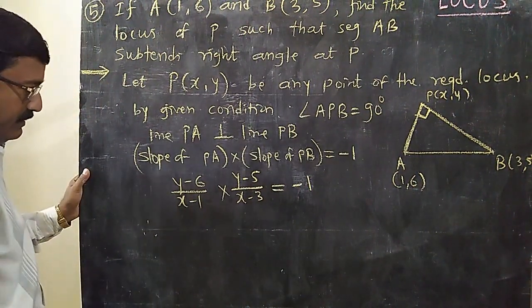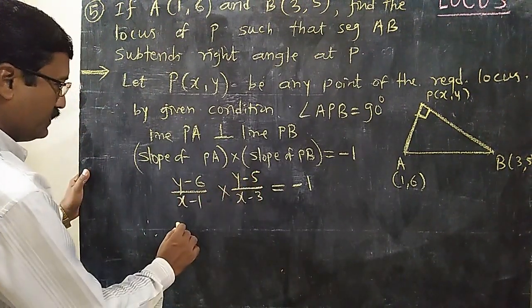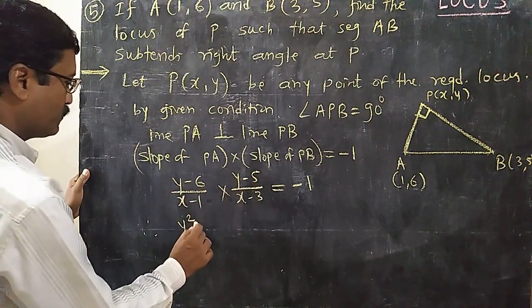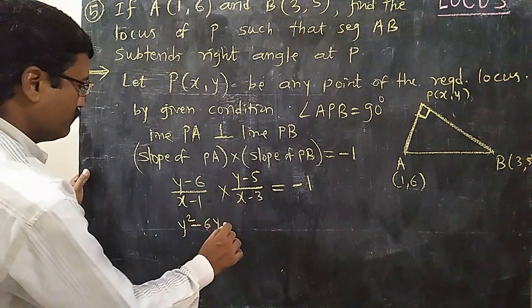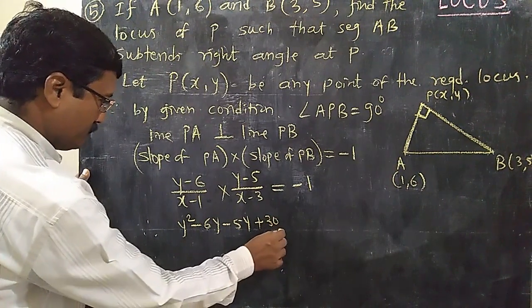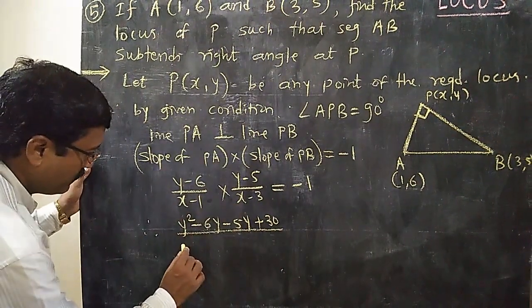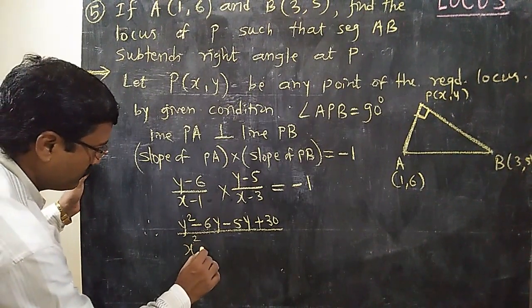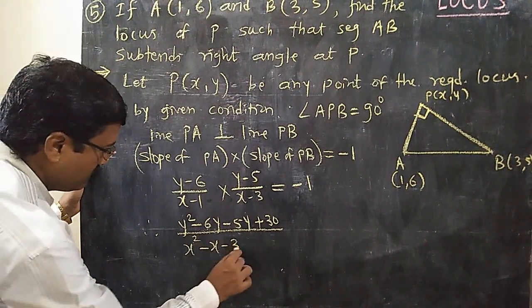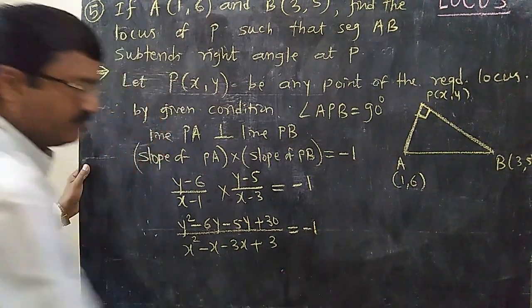So just simplify this. This is the multiplication of y minus 6 and y minus 5. It is y square minus 6y minus 5y plus 30, whole divided by the multiplication of these two, x square minus x minus 3x plus 3, and is equal to -1.